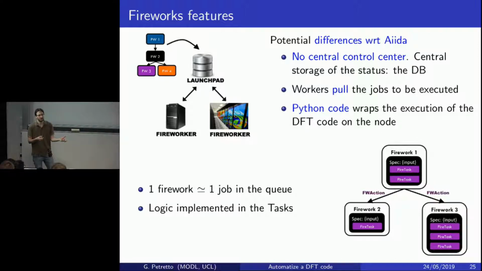Fireworks works in a sort of opposite way. Basically, there is the database, which is a central point, but it just contains the information of the current status of all the calculations. But there is no, let's say, central intelligent point that goes through all the calculations and oversees them.